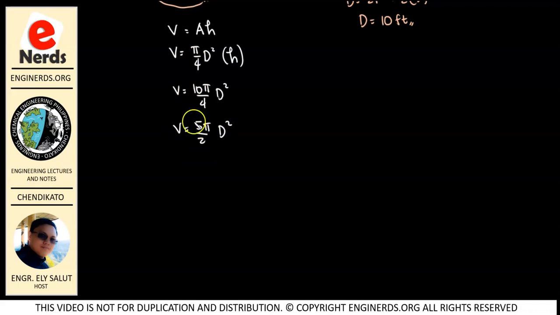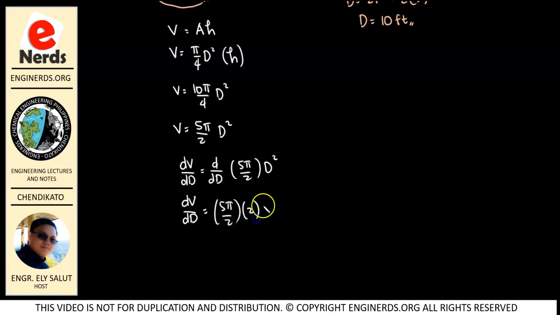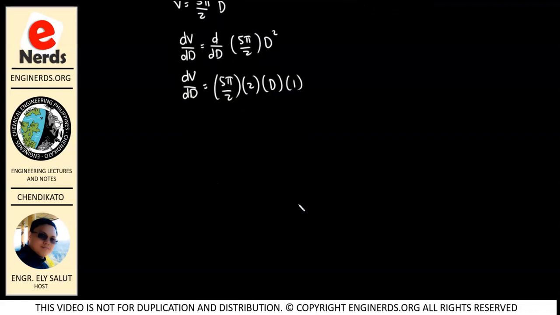Now, we could now get the derivative of the volume with respect to the diameter. So, we have dV over dd, which is equal to d over dd of 5 pi over 2 d squared. So, how are we going to solve this now? dV over dd is equal to 5 pi over 2 times 2 times d times 1. Diba? So, our 2 will be cancelled out. Okay?